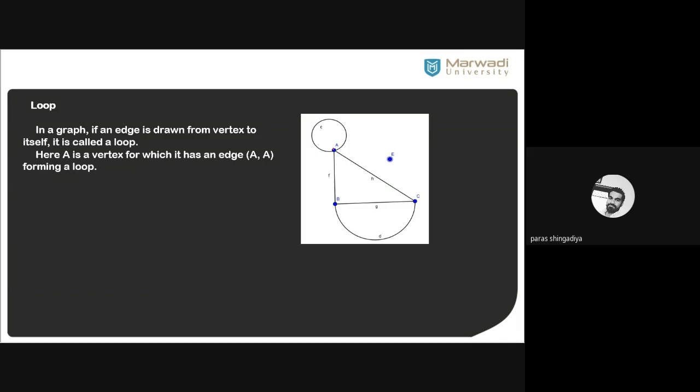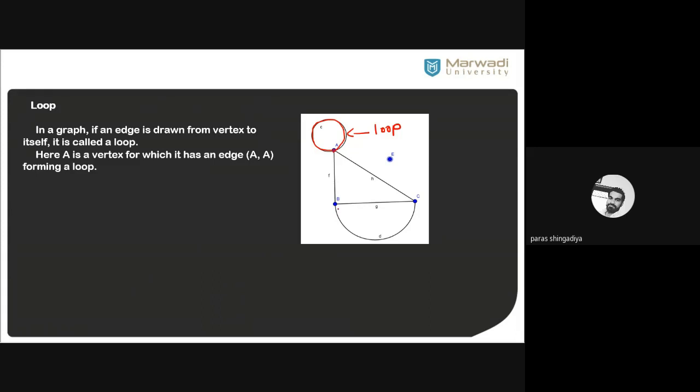Look here, an edge is made on vertex A, and its starting and ending point are the same. So this edge is called the loop. Here vertex A is a vertex for which there is an edge A to A, forming a loop.